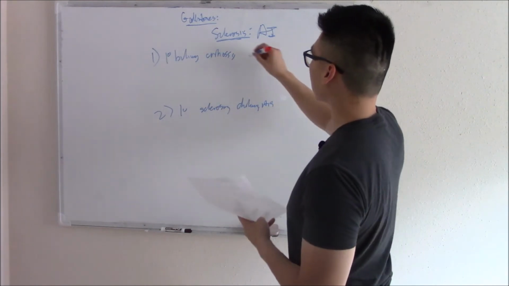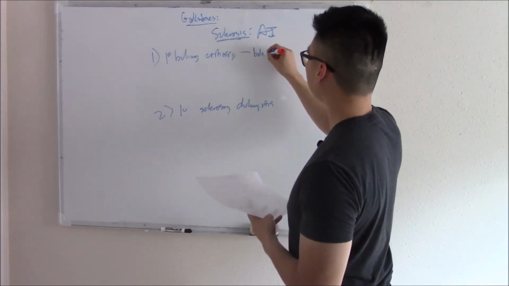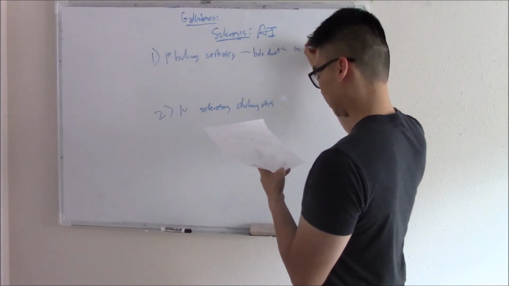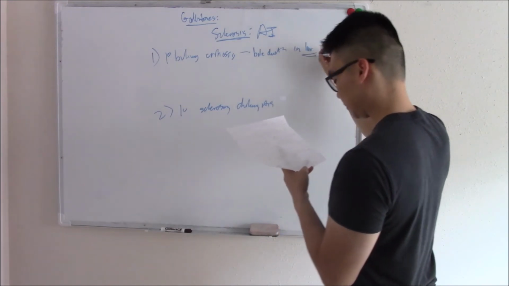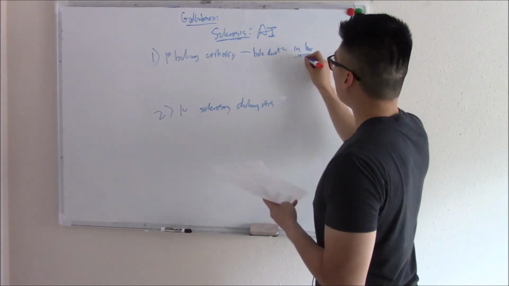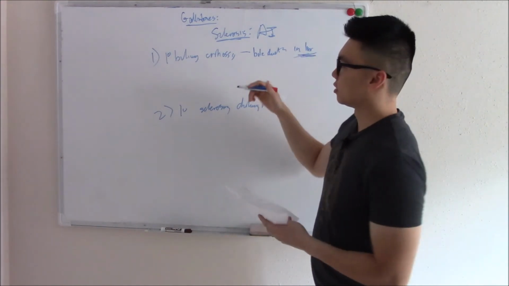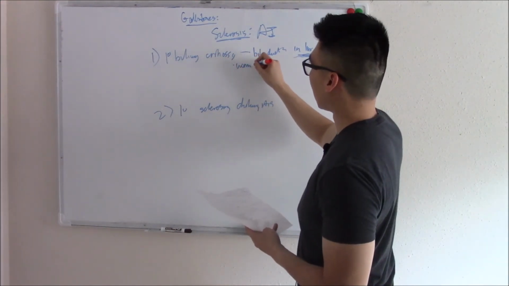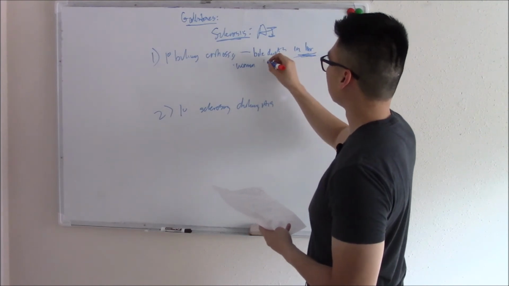Primary biliary cirrhosis affects the bile ducts in your liver. And like most autoimmune conditions, usually affects women. They're at higher risk of autoimmune conditions.